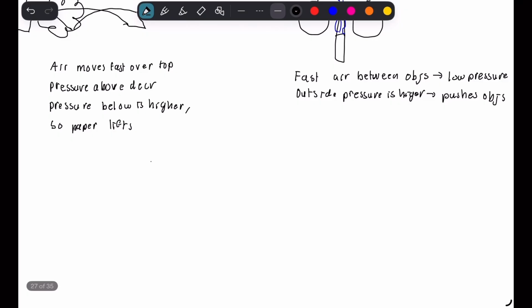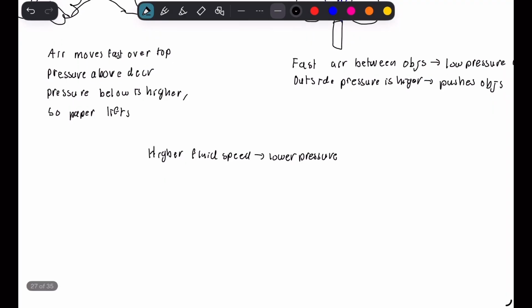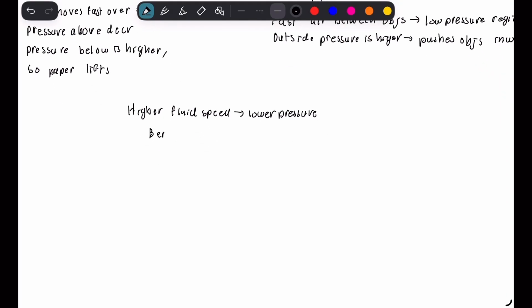So the rule you need to remember is that a higher fluid speed is going to result in a lower pressure. That's because in Bernoulli, we have the pressure plus 1/2 rho v squared plus rho g h that's going to be constant.